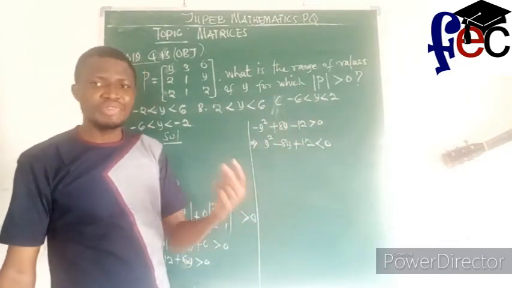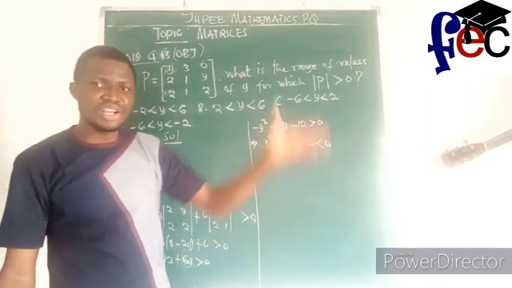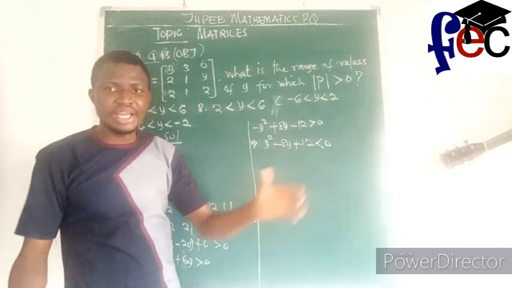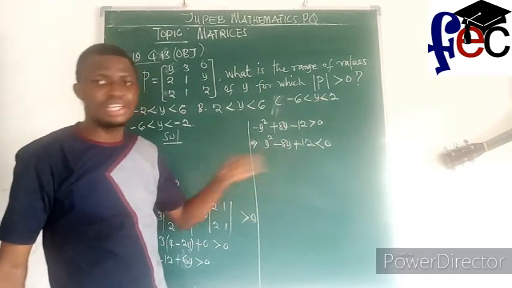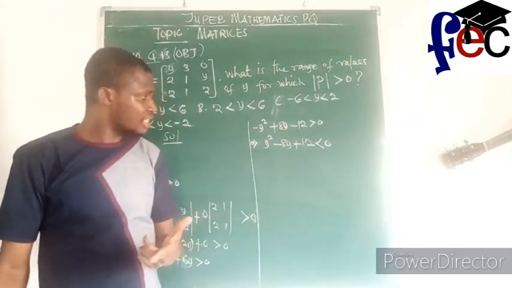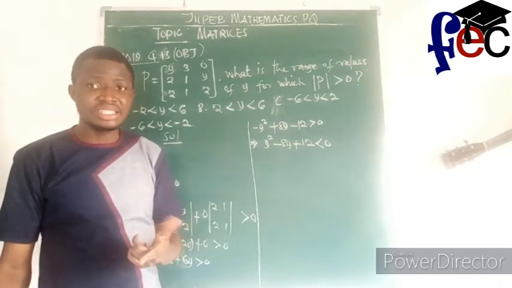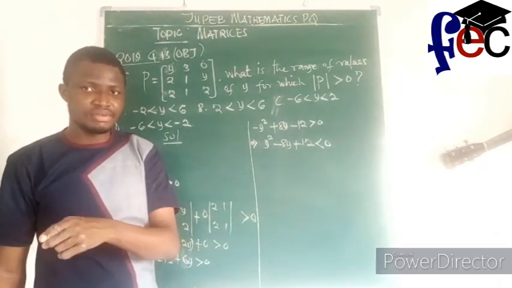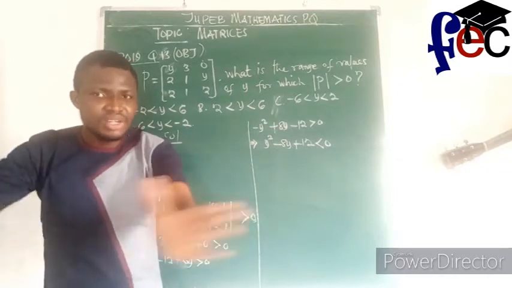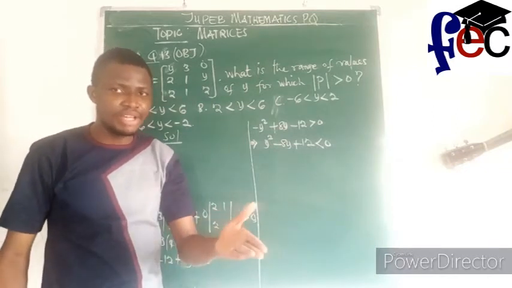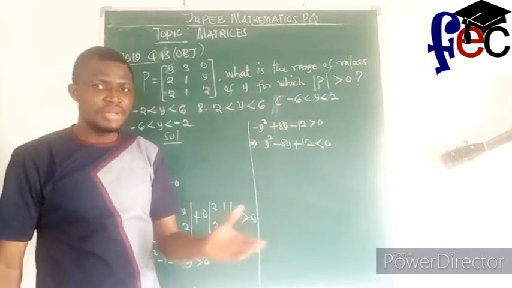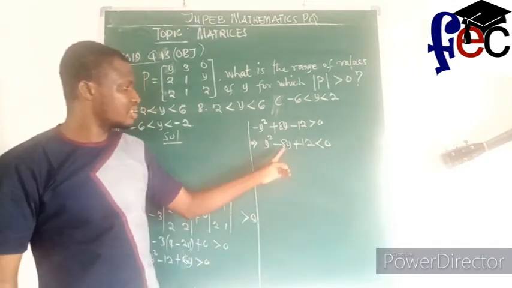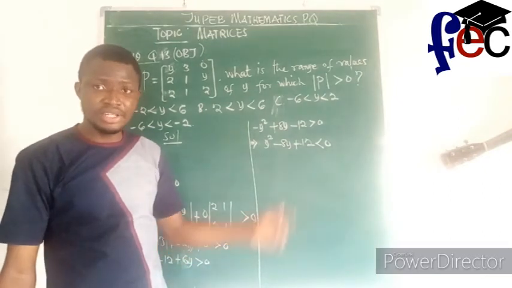Now, we have to find two factors of that plus 12y squared such that their product will give us plus 12y squared and their sum will give us minus 8y. And if you look at it closely, you will see that it is minus 2y minus 6y. Ignore the letter. That means minus 2 minus 6. Minus 2 times minus 6 is plus 12. Minus 2 minus 6 gives minus 8.